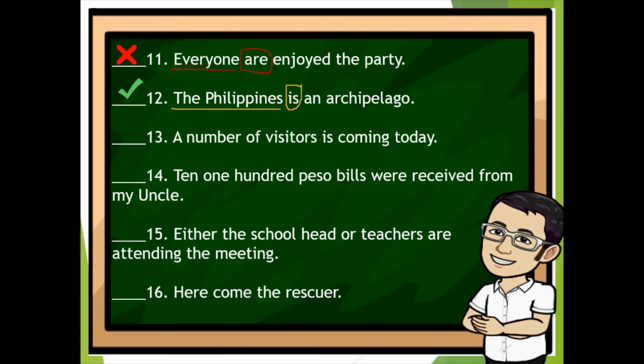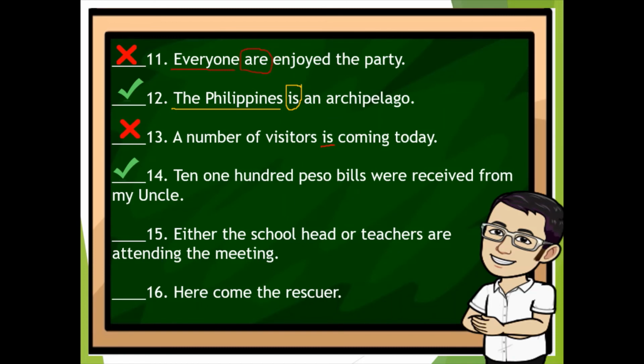Next, number 13, a number of visitors is coming today. The answer for number 13 is X mark. Why? What is the error in the sentence? The error in the sentence is is. What should be the correct verb?